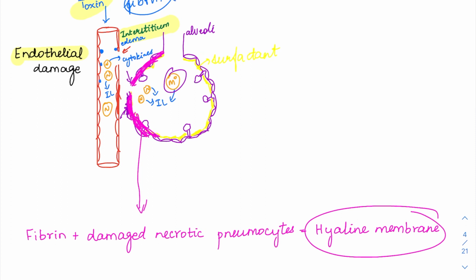So this is the pathogenesis of ARDS. And when this hyaline membrane is formed, the surfactant, this is represented by this yellow color, this is the normal side. So the surfactant which was lining these pneumocytes is not going to be produced. So surfactant loss is there, and when there is any inflammation, there will be repair by chronic inflammation and fibrosis.